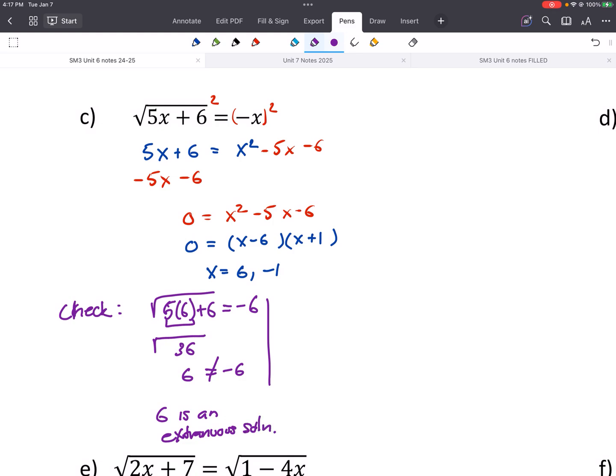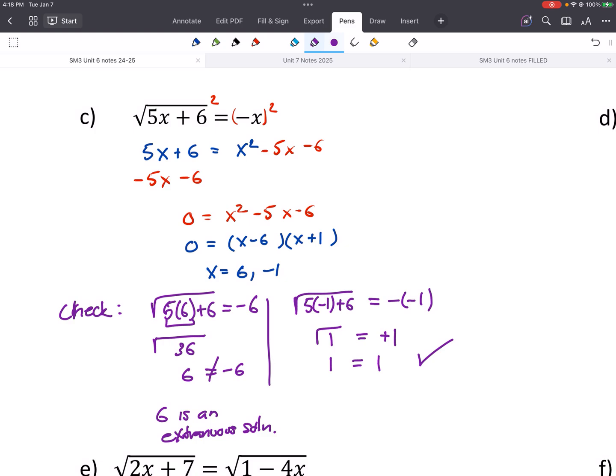Okay, and we'll try the other. So we'd plug negative 1 in, so square root of 5 times negative 1 plus 6 equals negative 1. Simplify that. I think we'll get the square root of 1 equals negative 1, and the square root of 1 is just 1.